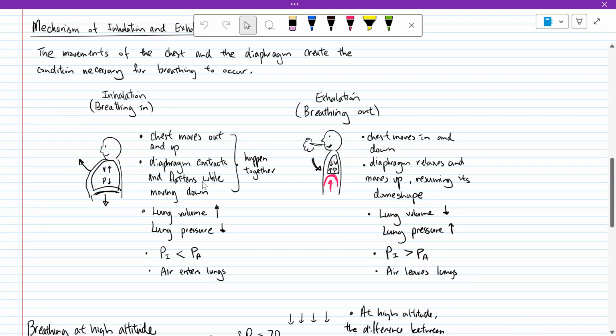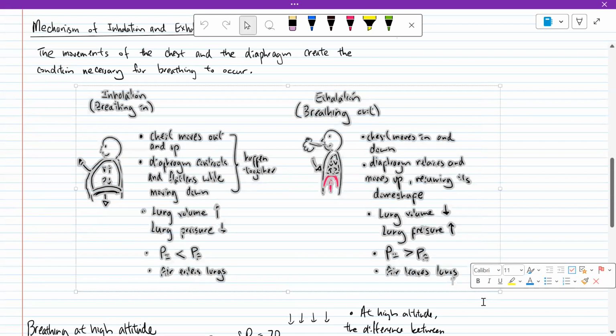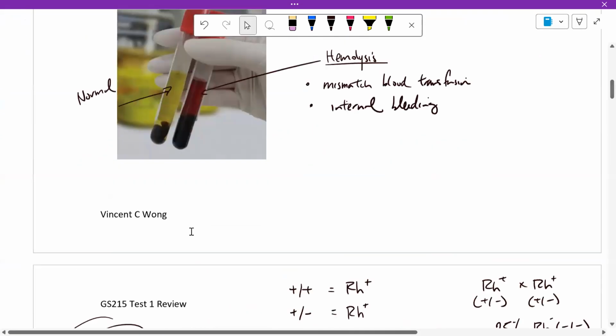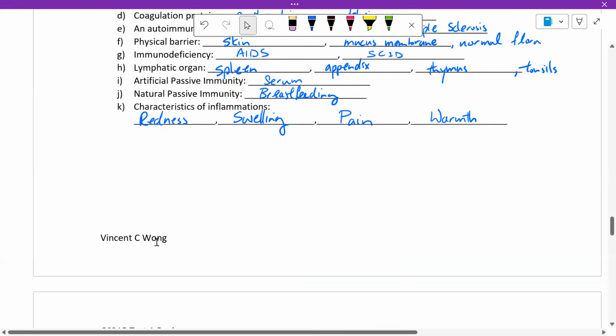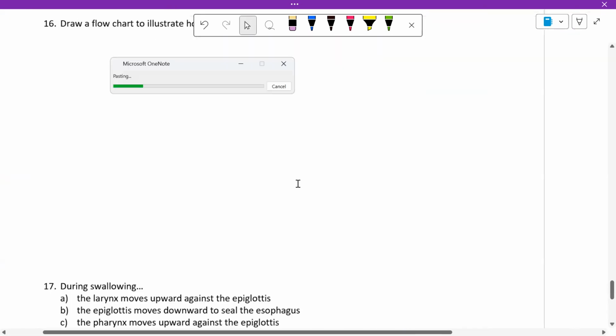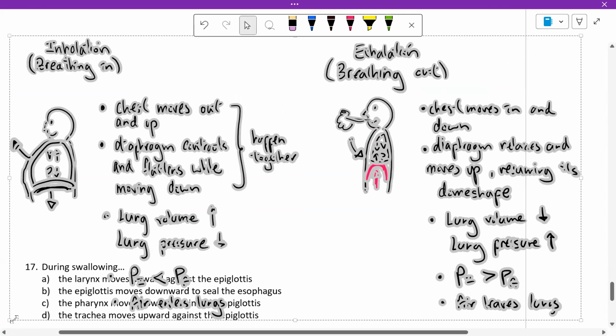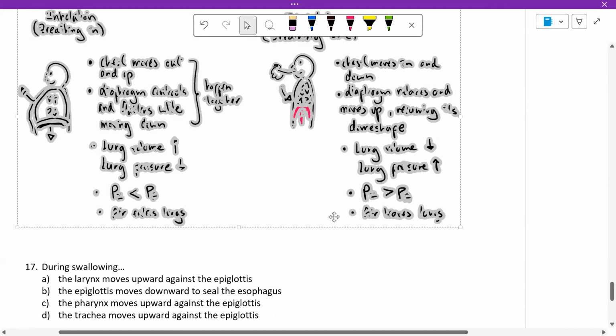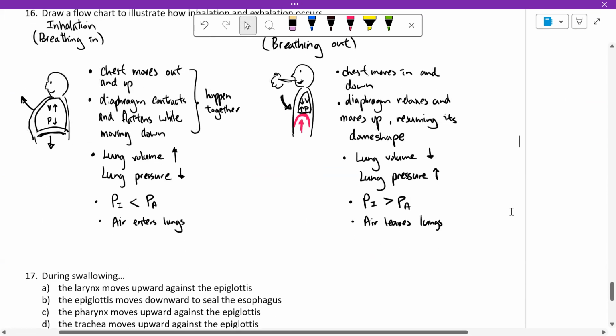So make sure you go through this again to know what kind of changes happen during gas exchange. Okay, the movement of the rib cage and the diaphragm and the change in the volume and all that stuff, right?